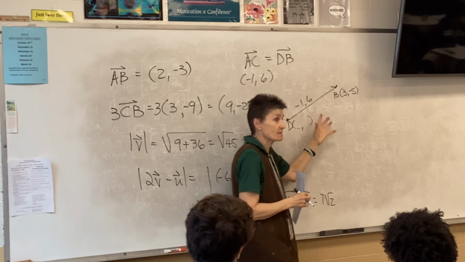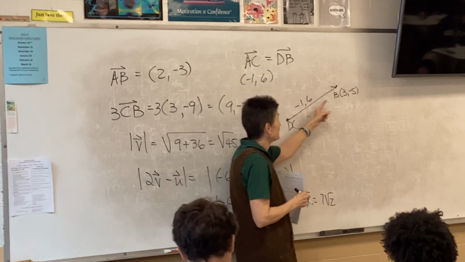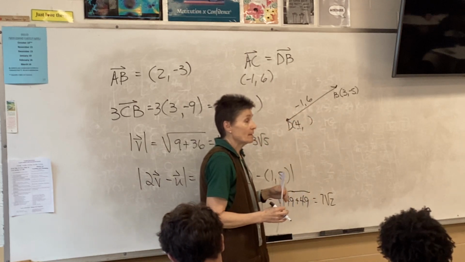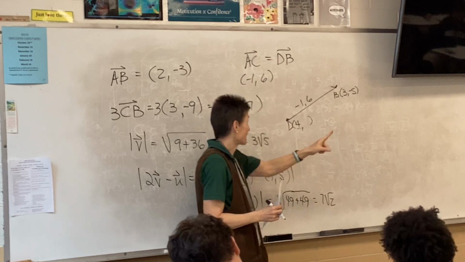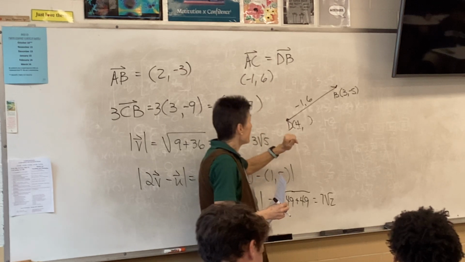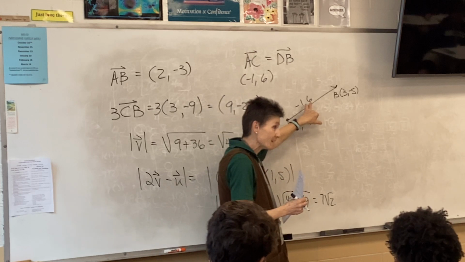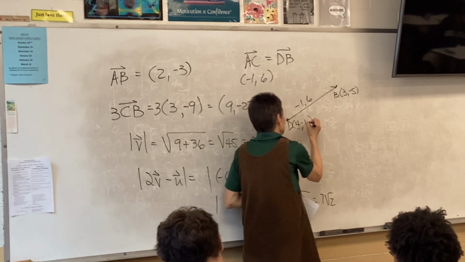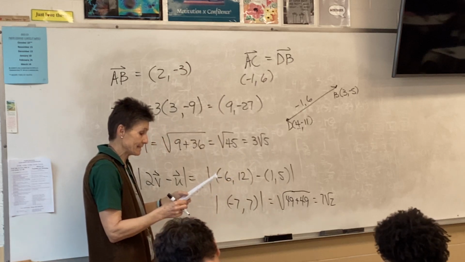That's what this means. Where do I have to start? So I go back up 1 and I end up at 3. Doesn't this have to be 4? Now I don't care how your brain is processing that, get 4. It's got to be 4. And then where do I have to start so that if I go up 6, I'll be at -5? -1. So there are the coordinates of point D.